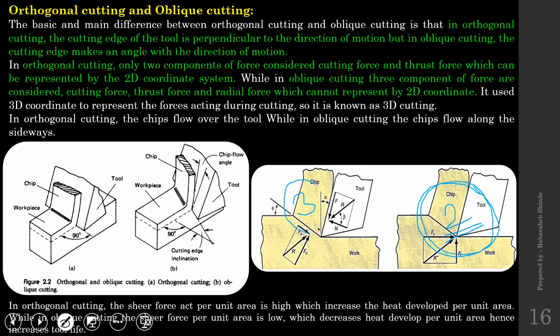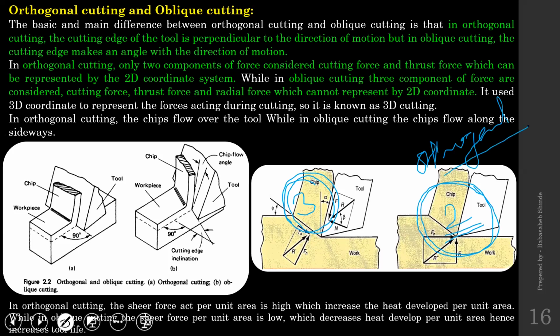Whereas in oblique cutting, there is one additional force that is going to make the system a little more complicated, and analyzing that system will be difficult. And because of these things, whatever metal cutting theories we are going to study are based on orthogonal cutting only.